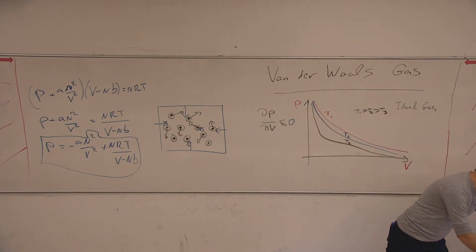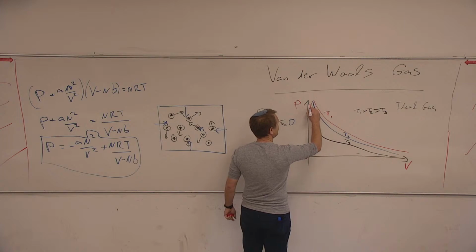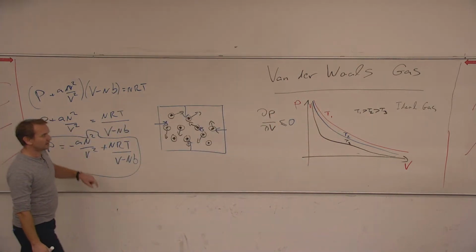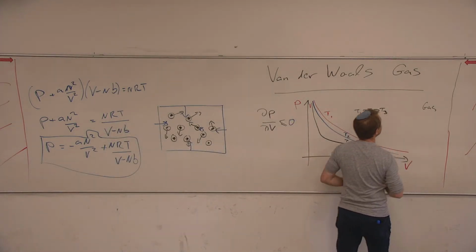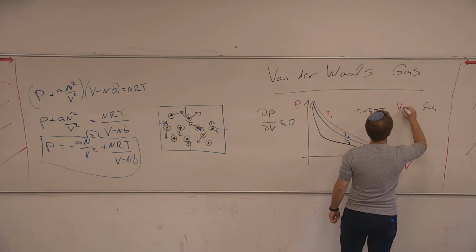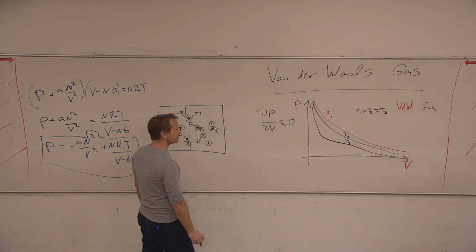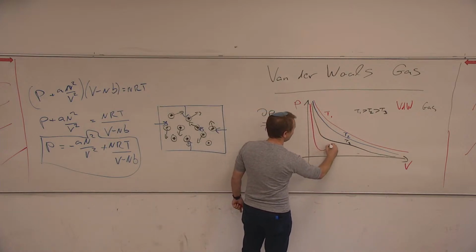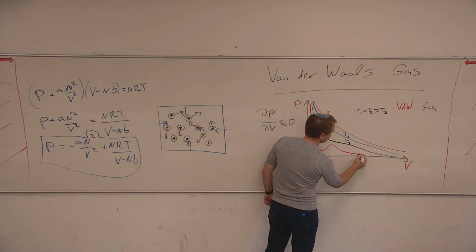And when we decrease our temperature even lower, this is not an ideal gas. We are plotting this. So let's erase this. This is van der Waals gas. If we decrease our temperature even lower, we will start to see the appearance of a maximum and a minimum for this function.